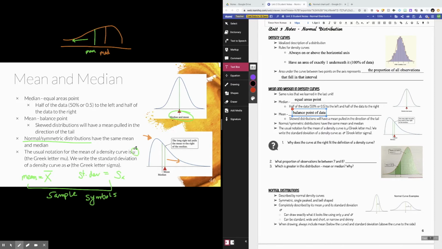So we use the fancy Greek symbols. So the fancy Greek symbol for mean is this weird looking U thing. It's like a U with a tail, right? And it's called mu, right? And it means average or mean, okay? And then standard deviation, we use this little O looking symbol with a tail sticking out the end.